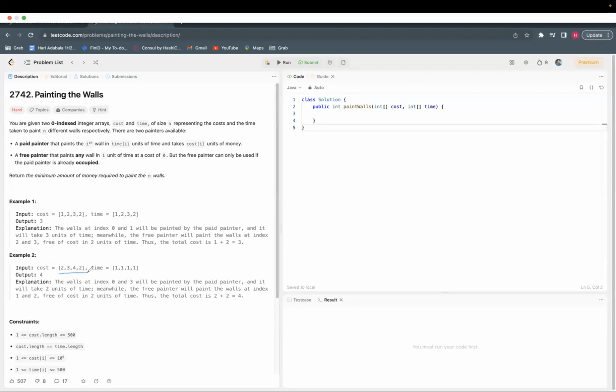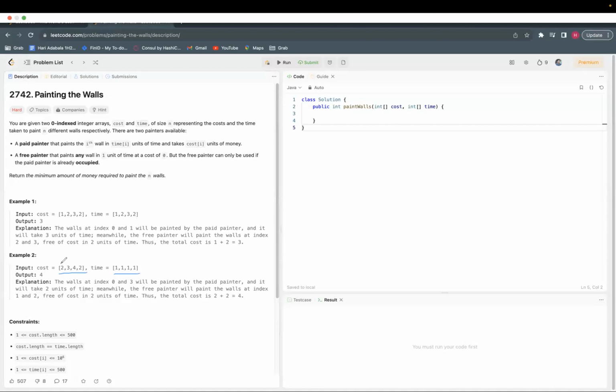And let's take the second example. Here, the time taken is 1 for all the walls, and the cost is 2, 3, 4, 2. Since the time is 1, we will obviously ask the paid painter to paint the walls which have the lowest cost.